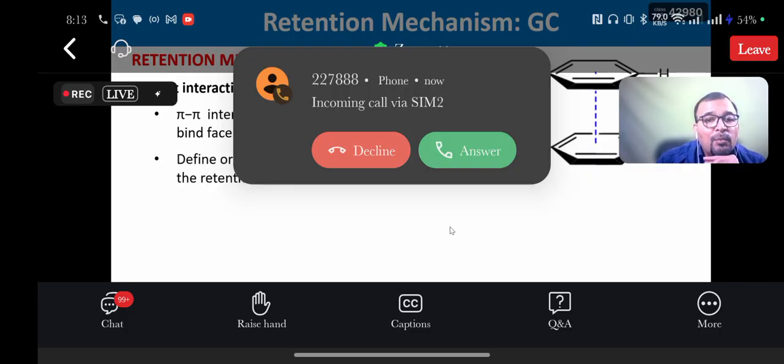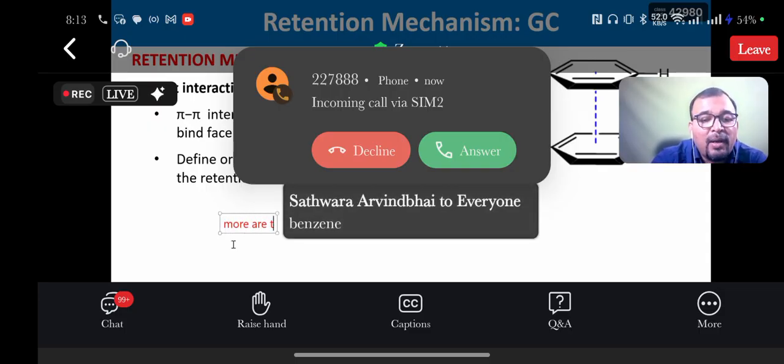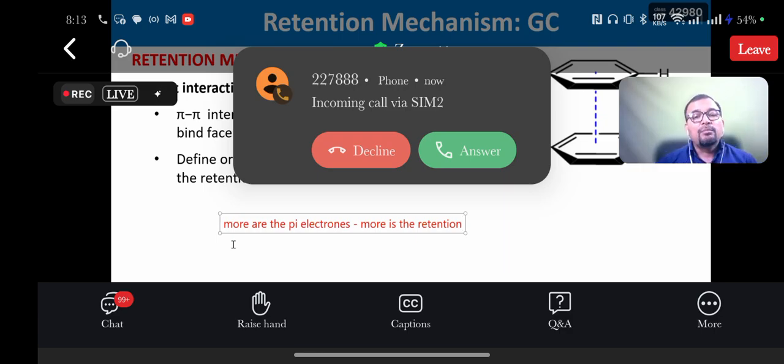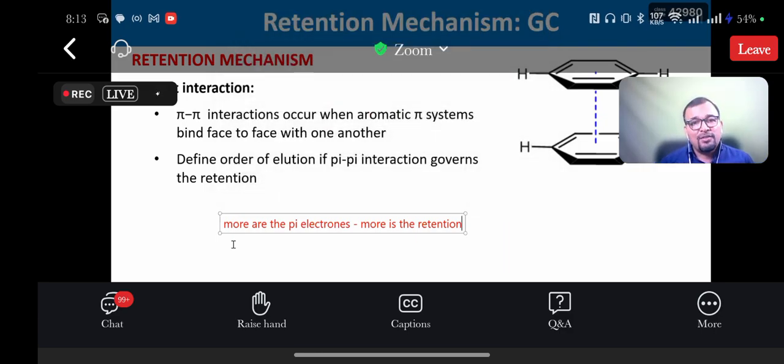The more the pi bonds, the more the pi-pi interaction. What is the law? The more pi electrons, the more the retention of the compound.